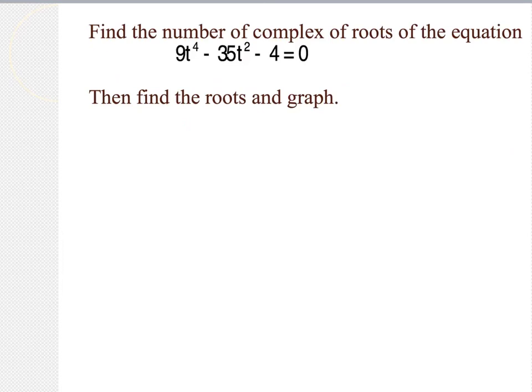Here we can see that it's a degree of 4, so just like our fundamental theorem of algebra, we would have 4 roots. So there are 4 complex roots.